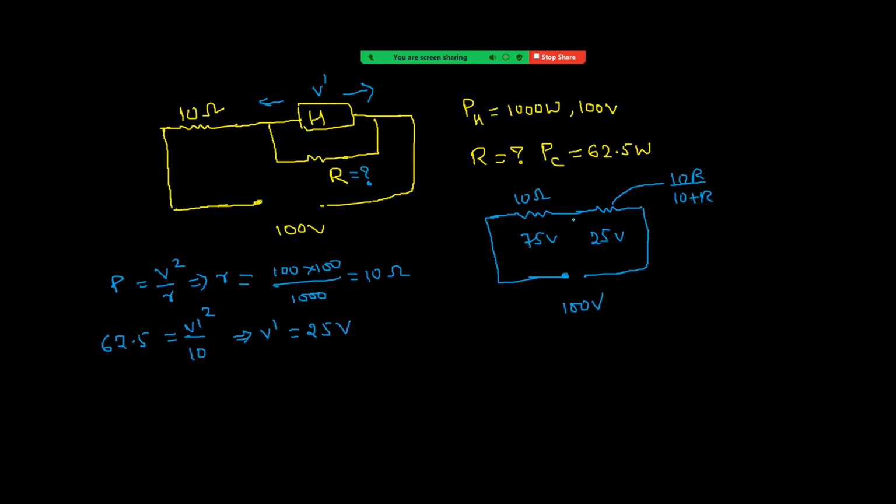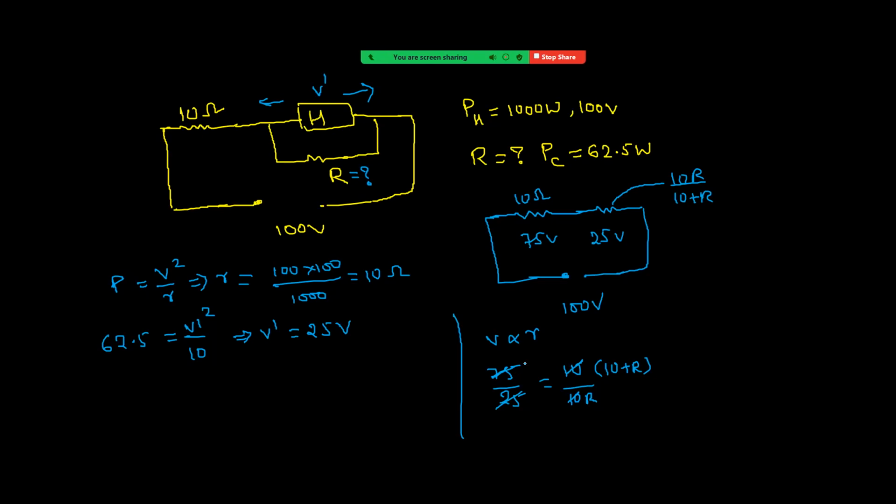So since these two are in series combination, current is same. So V proportional to resistance. So I am writing here, V proportional to resistance. So V1 by V2 is equal to R1 by R2, in the place of R2, 10R by 10 plus R. Okay, V proportional to R, series combination. Now 10 gets cancelled. Right.